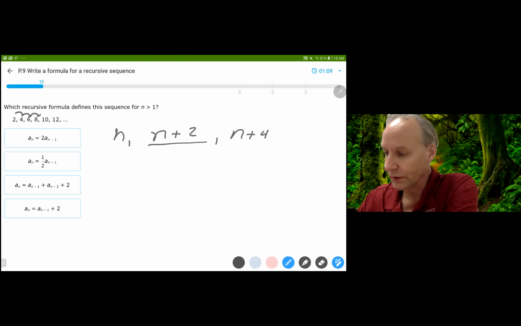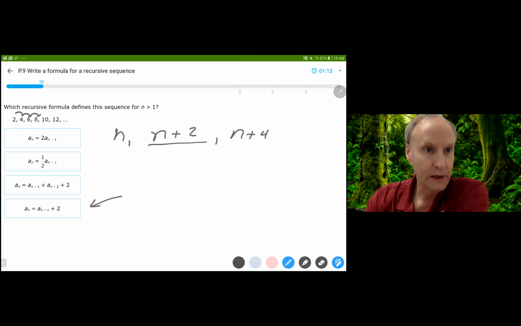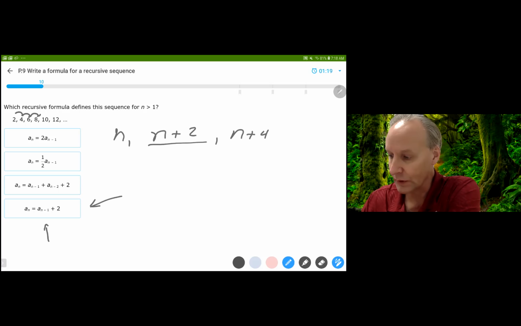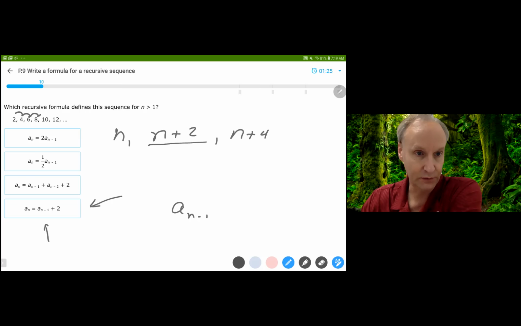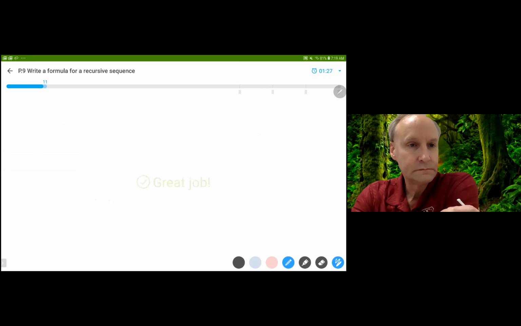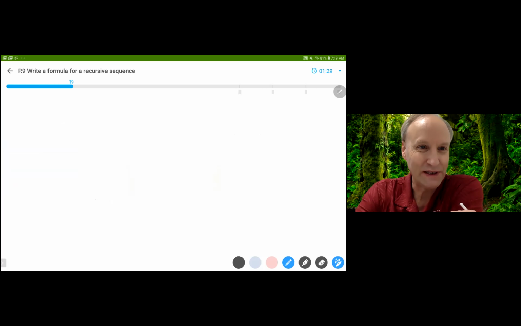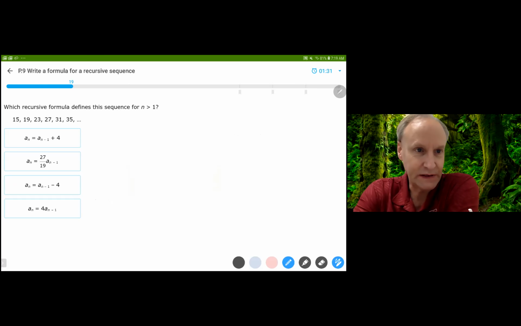So we're looking for adding 2 to the term before. So if you look at the term before and add 2, it works every time. That's what this little n minus 1 means. A to the n minus 1 says take the term before and add 2. Hopefully that's enough explanation, since you've probably been doing the others.